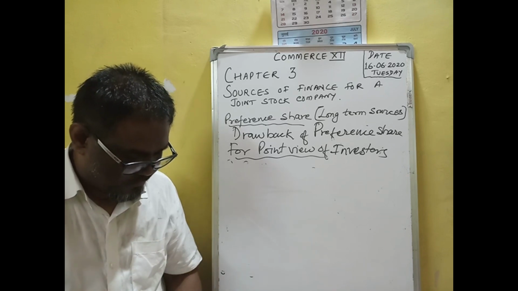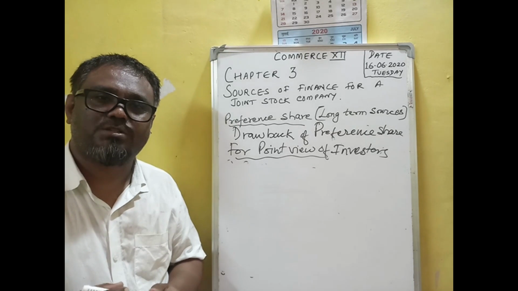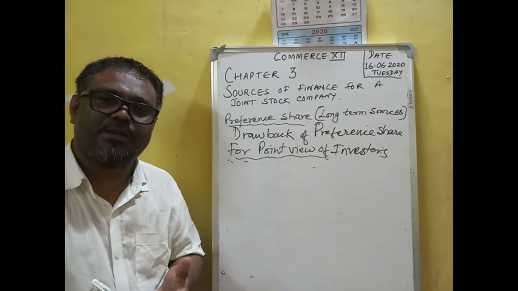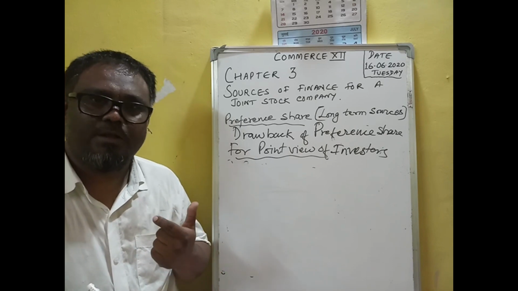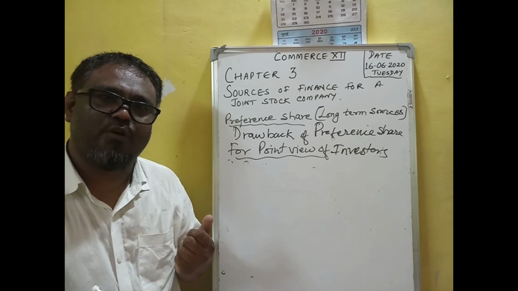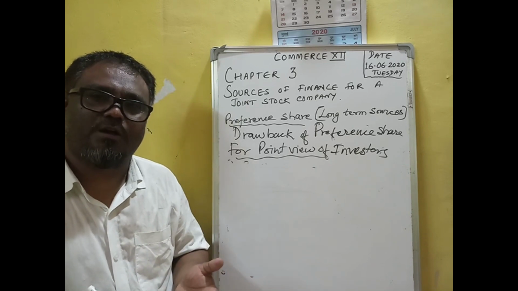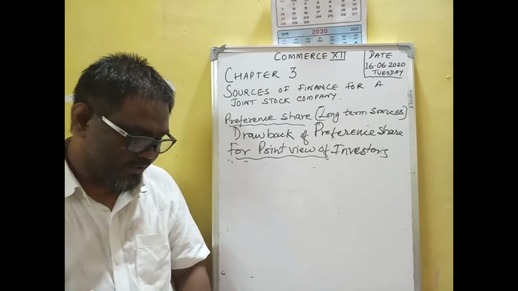So this was for today. We have discussed all about preference shares: the meaning, the features, the advantages from the point of view of company and investors, and the drawbacks from the point of view of investors and company.